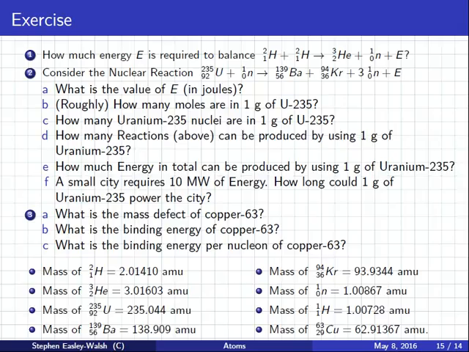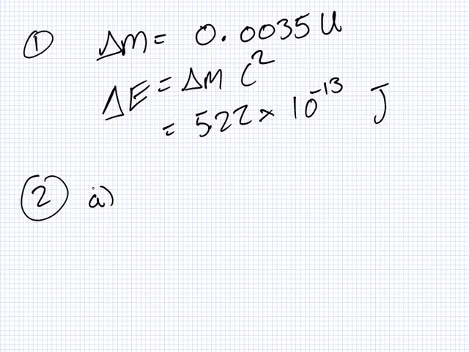Krypton. And 3 neutrons. Is that everything? Yeah. Great. So in number 2A, there's this much mass missing.